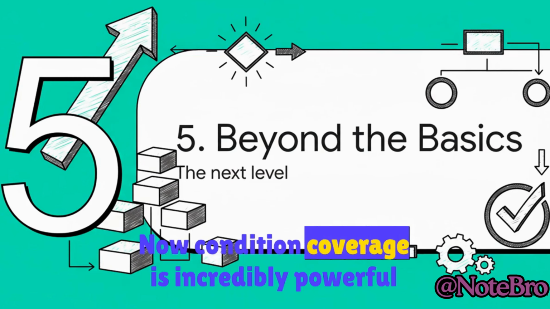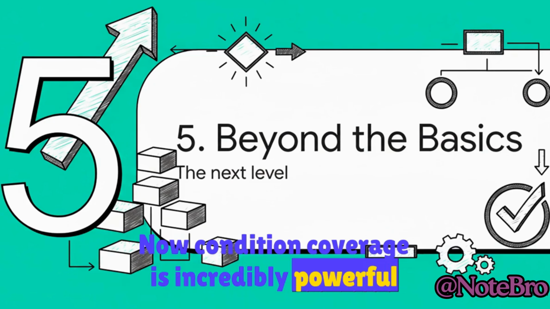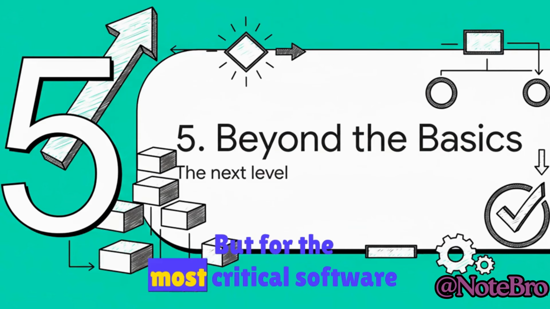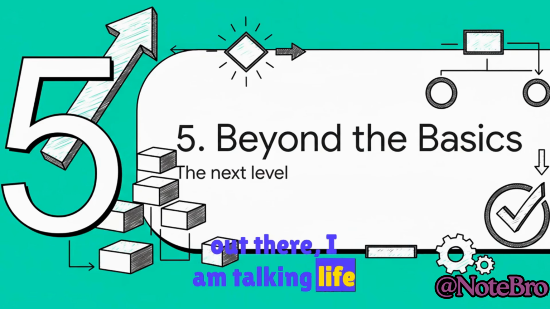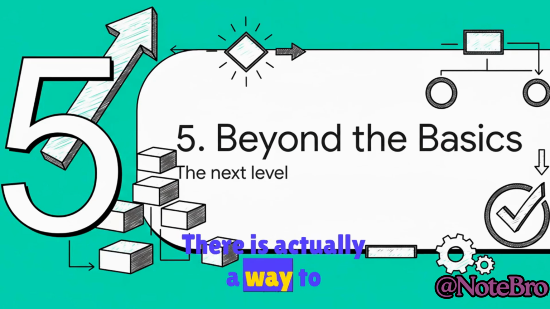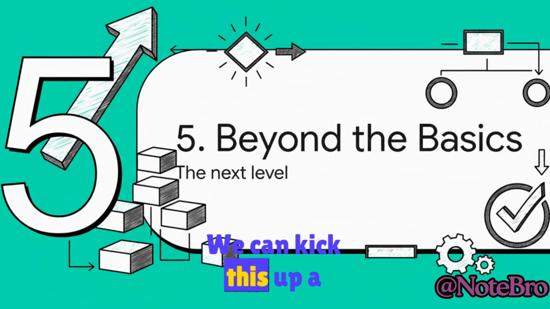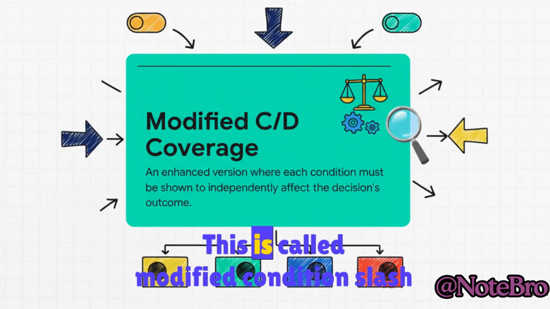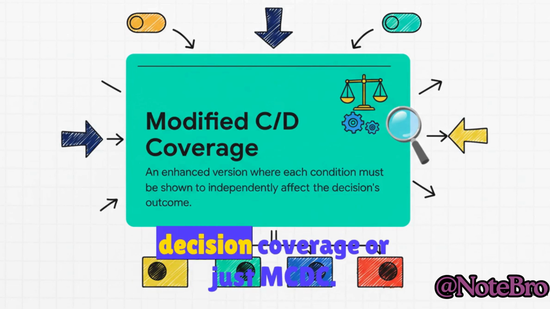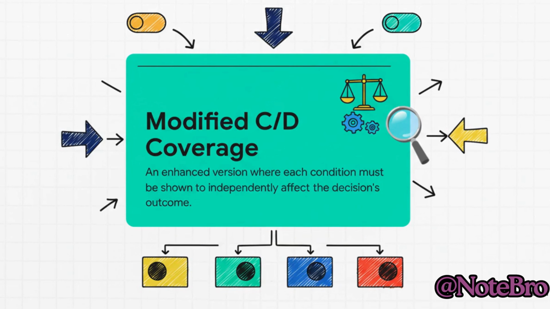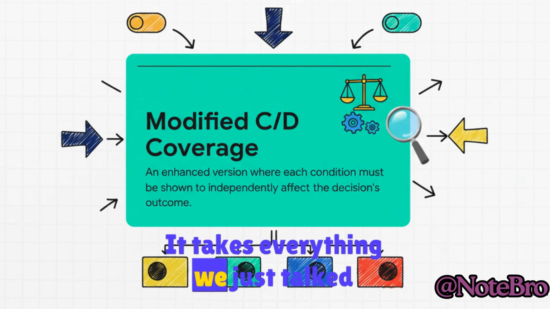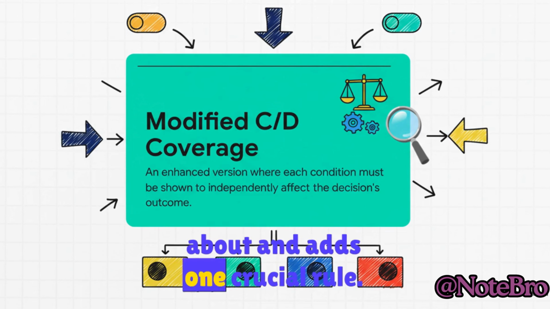Now, condition coverage is incredibly powerful, for sure. But for the most critical software out there, I'm talking life or death stuff, there's actually a way to go even further. We can kick this up a notch. This is called Modified Condition/Decision Coverage, or just MCDC. It takes everything we just talked about and adds one crucial rule.